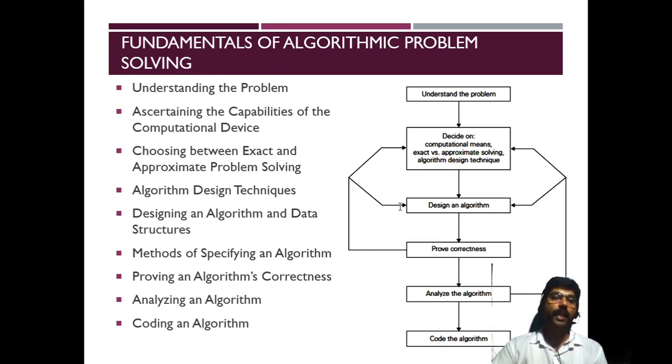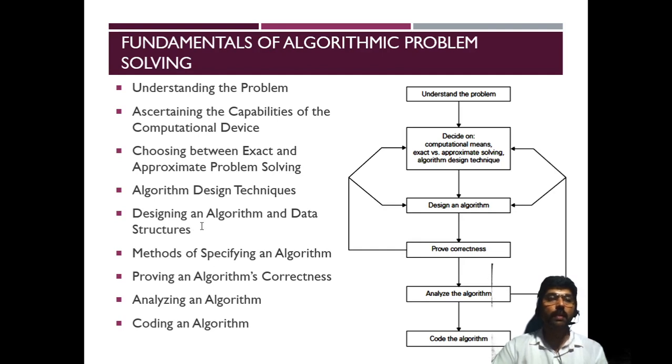The second technique is the pseudocode technique. Pseudocode is a mixture of natural language and programming language-like constructs. Pseudocode is usually more precise than natural language. So most algorithm specification is done using pseudocode.